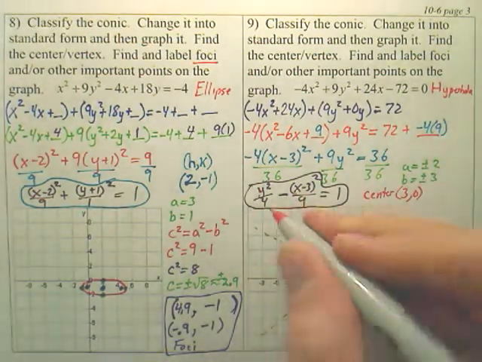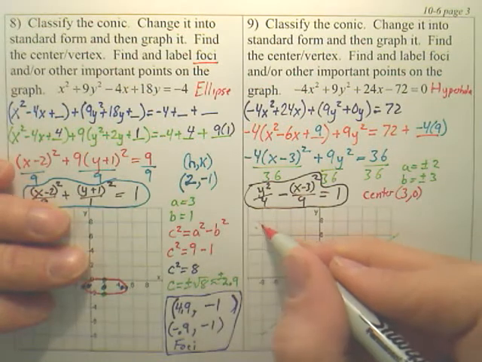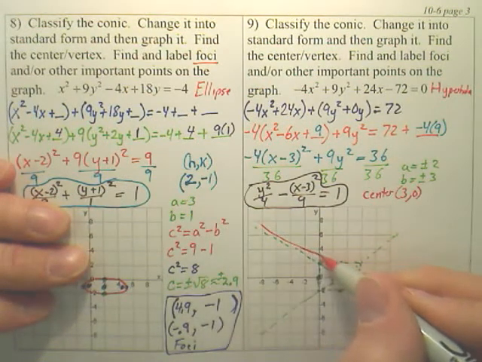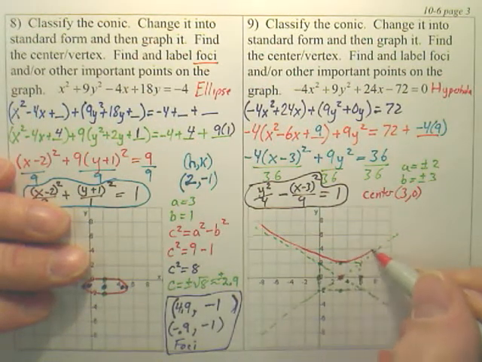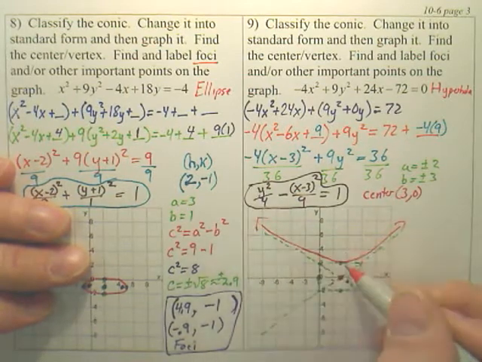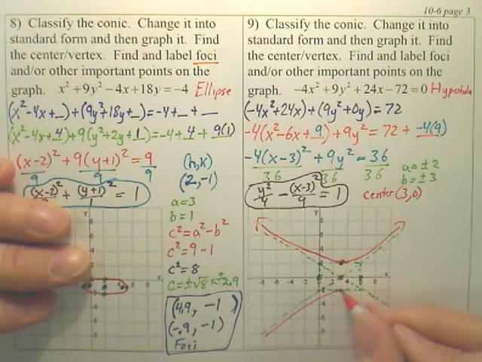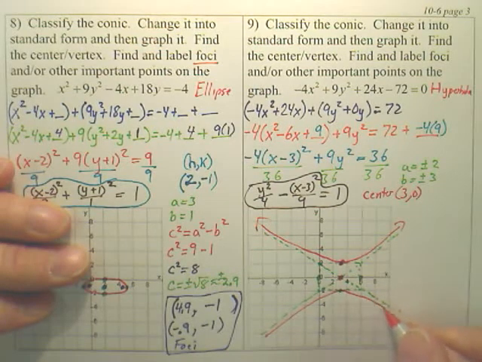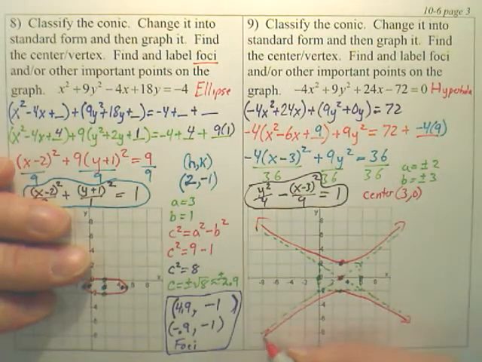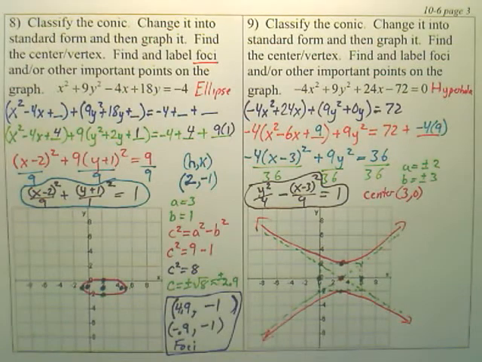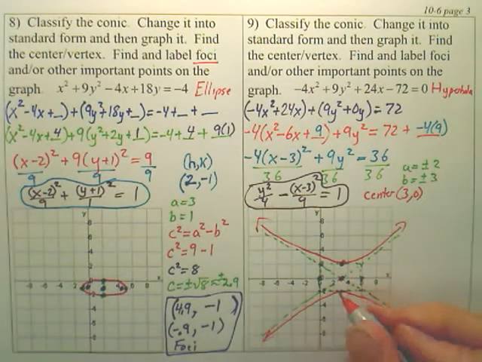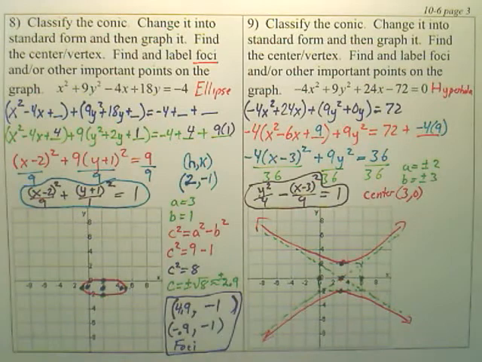But since y is first, it's going up and down. So what you do is you bring your hyperbola along that, hit this, and turn back around. And then this one is going to go along this, hit that point, and then turn back around. That would be the graph of your hyperbola, hitting at the vertices.